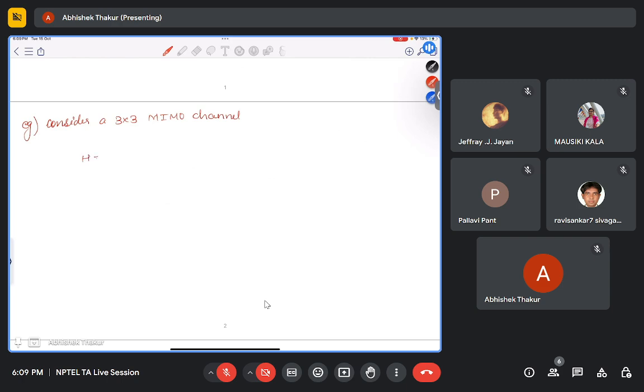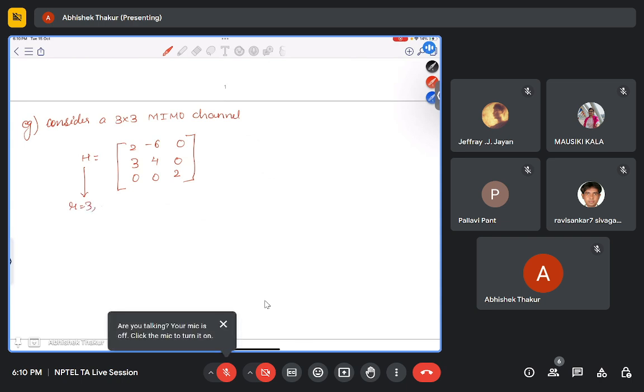So this has 3 receivers, that is the number of rows is 3, and 3 transmitters based on the number of columns.